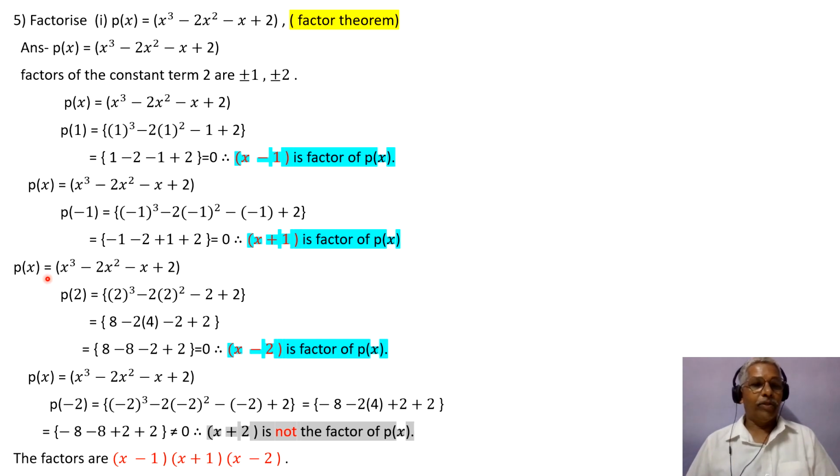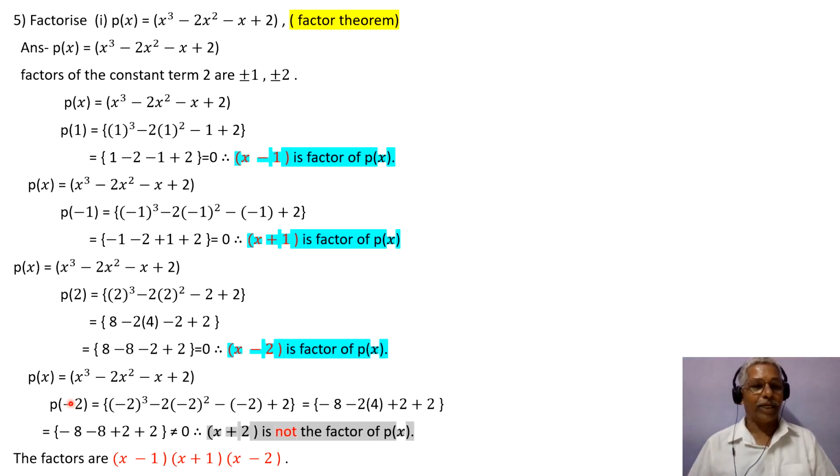Now testing it for plus 2 and minus 2. So p(2) is 2 cube minus 2 into 2 square minus 2 plus 2. If we solve this, you get 8 minus 8 minus 2 plus 2, which is 0. So therefore, x minus 2 is a factor of p(x). Okay, very simple.